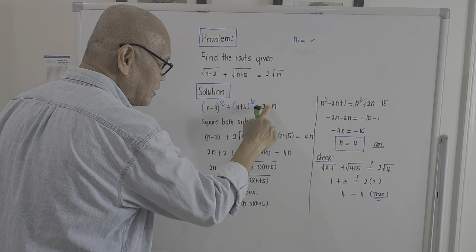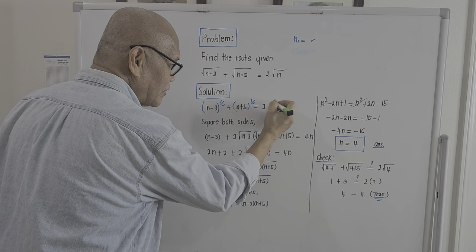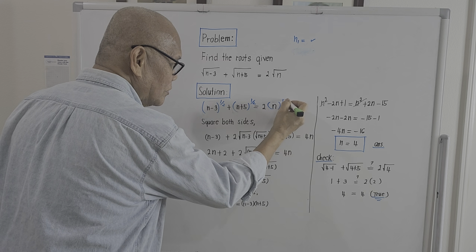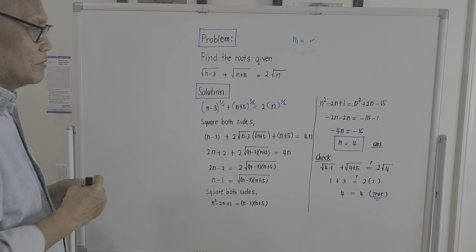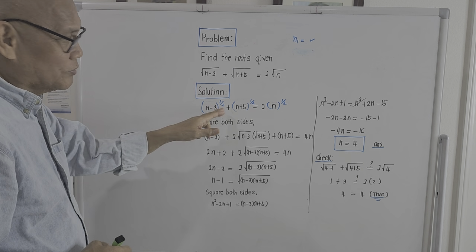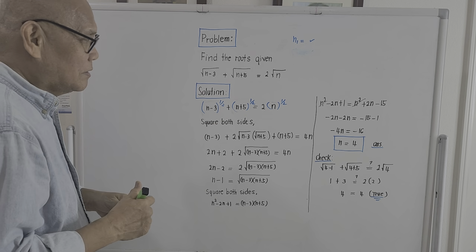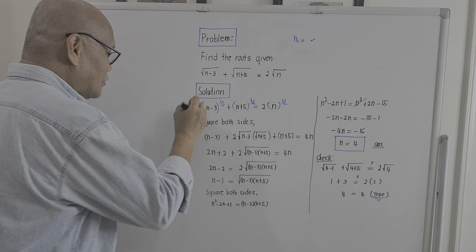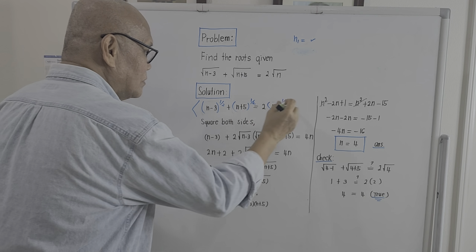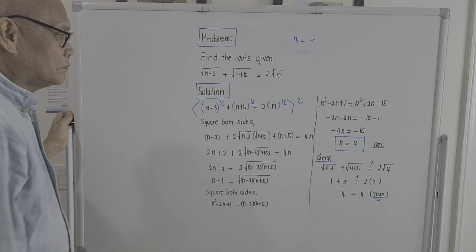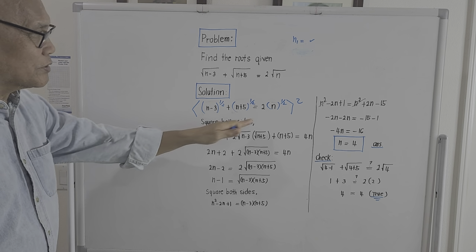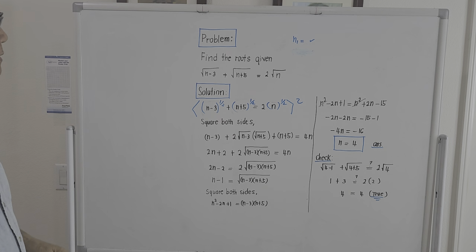And this is actually n raised to 1/2. Right? So to remove this 2 here on the exponent, okay, we must have to raise all this to the second power. That's why I place it here, square both sides. Okay?